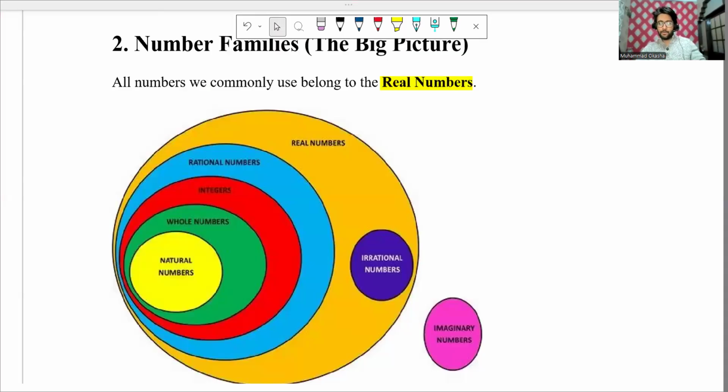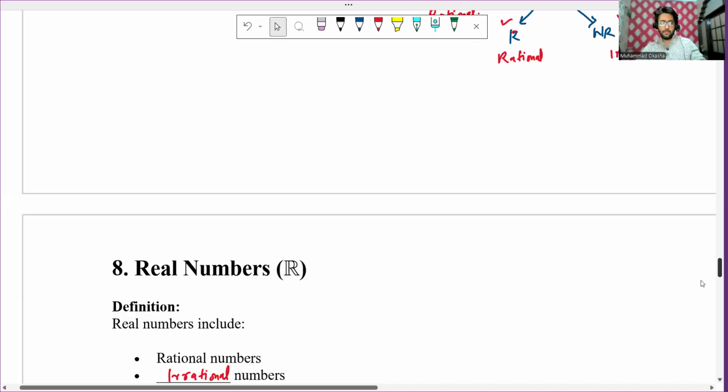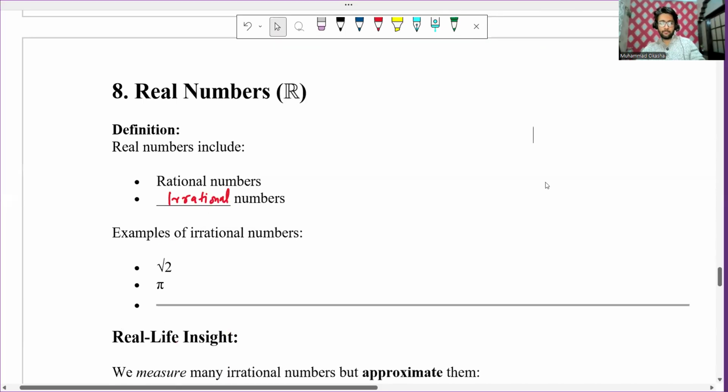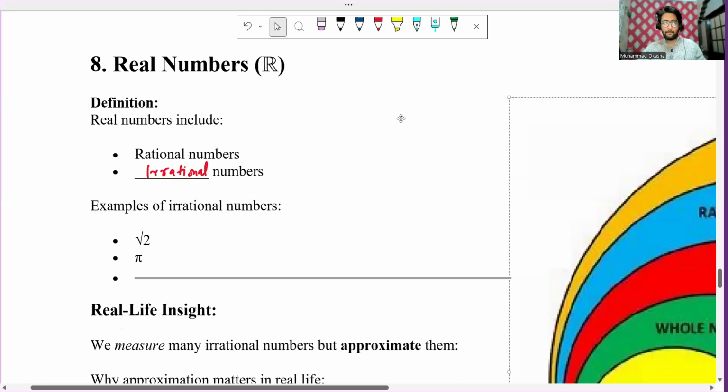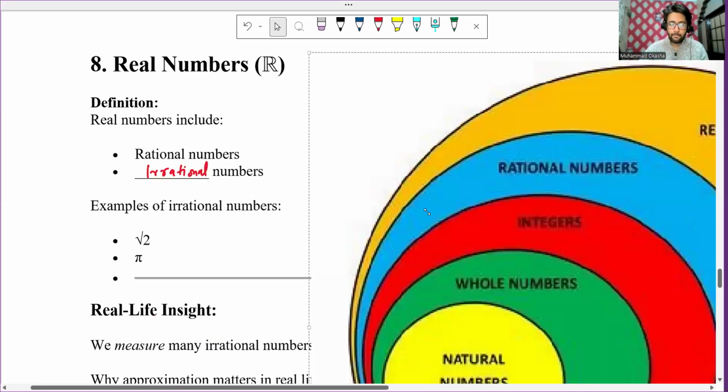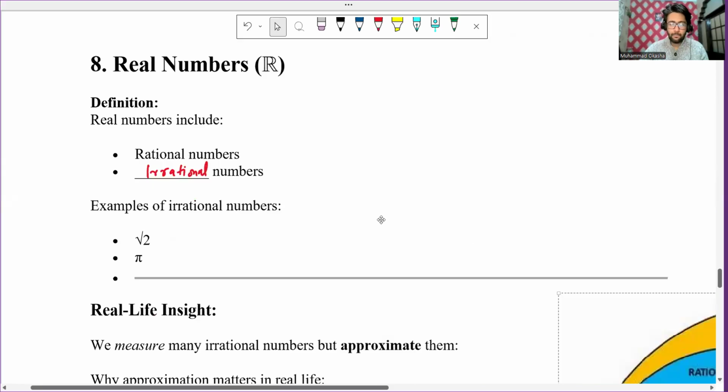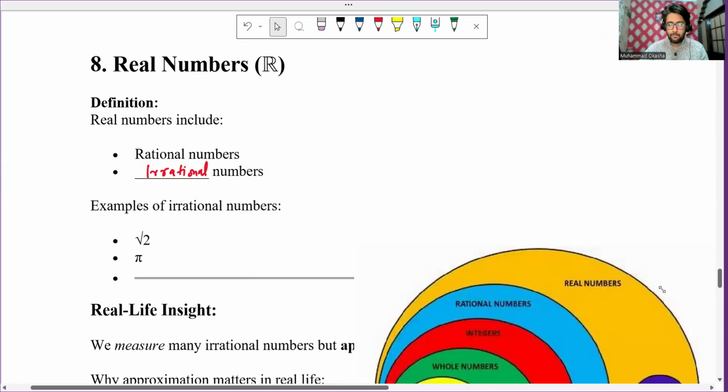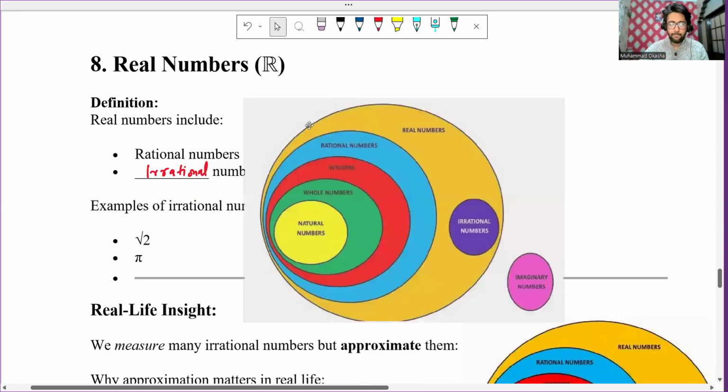Decimal identity, real numbers. Okay, let's put it over here.